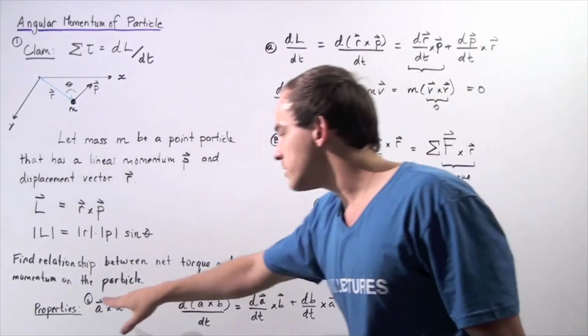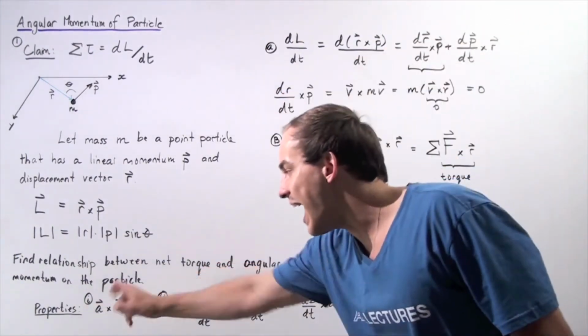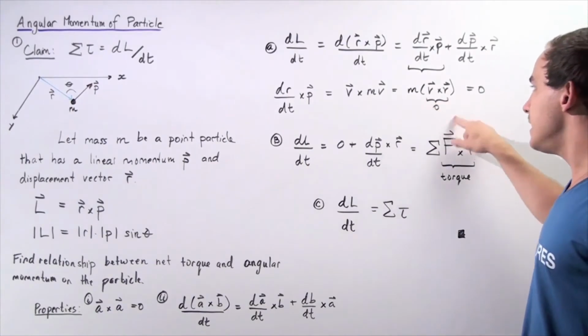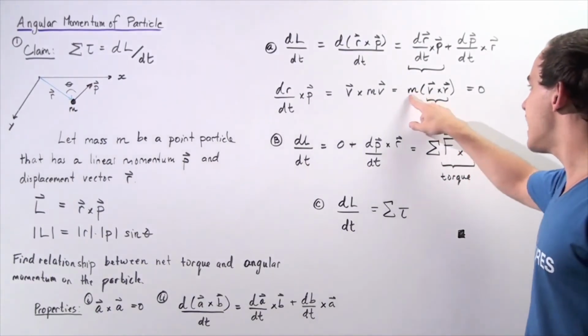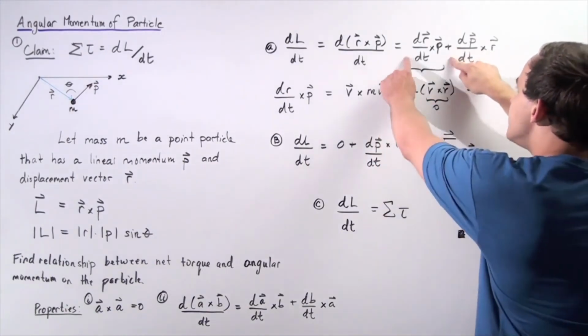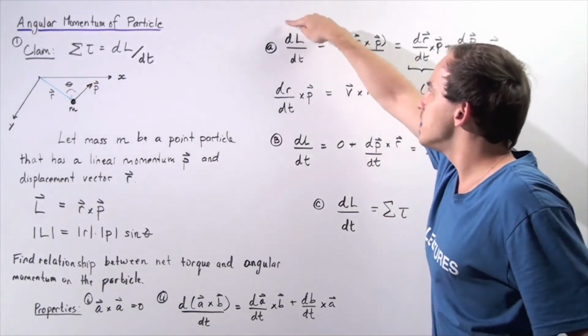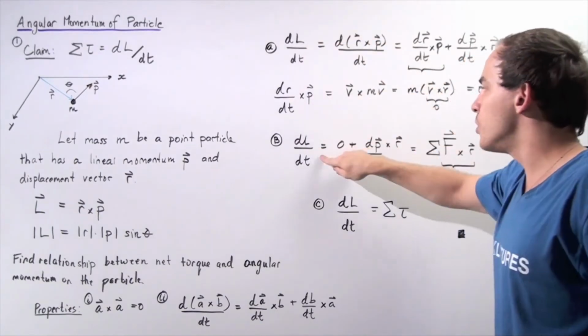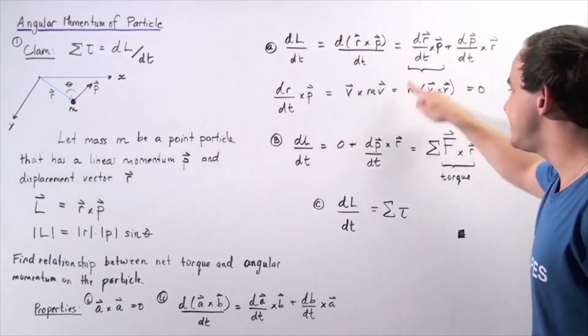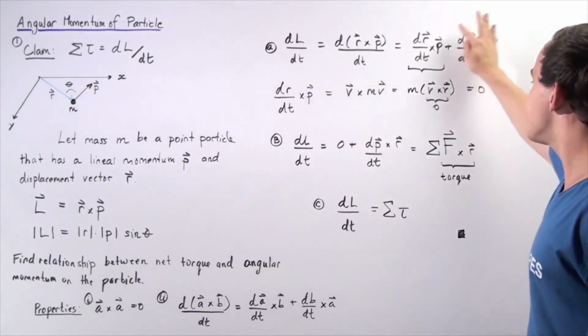Now notice, according to property 1, v cross v is simply 0. So that means m times 0 is 0, and this entire term becomes 0. So the derivative of the angular momentum function with respect to time is equal to 0 plus this entire term.